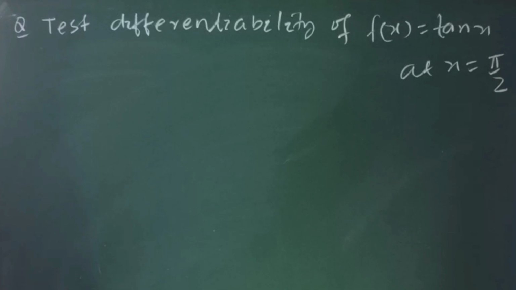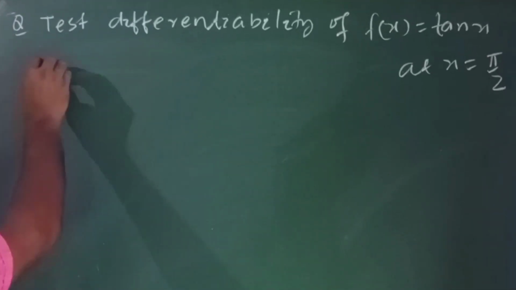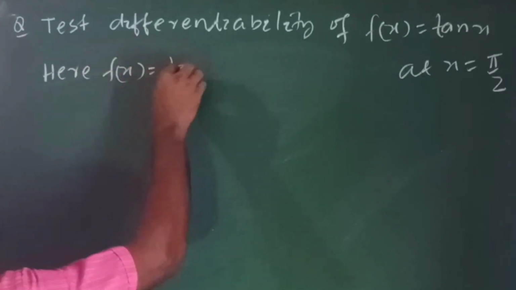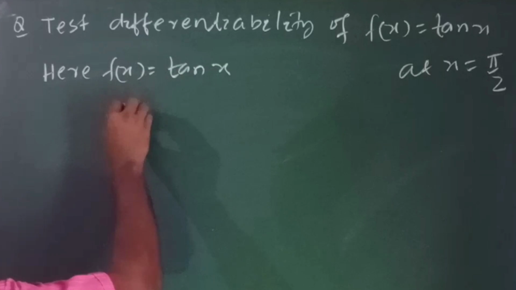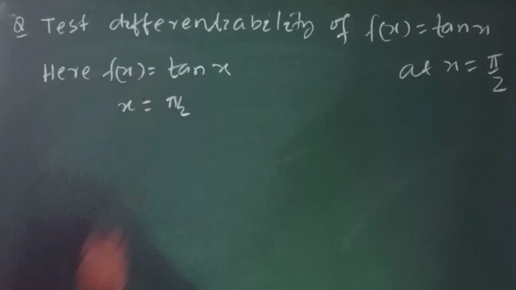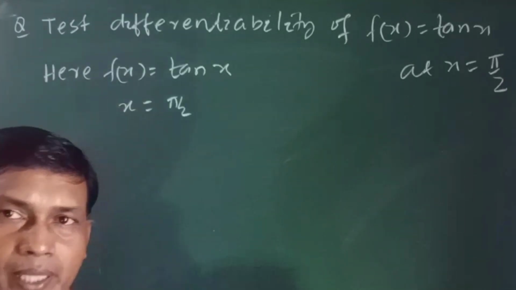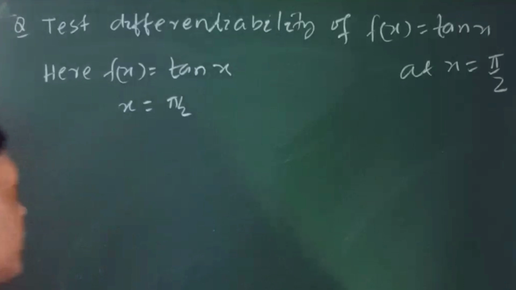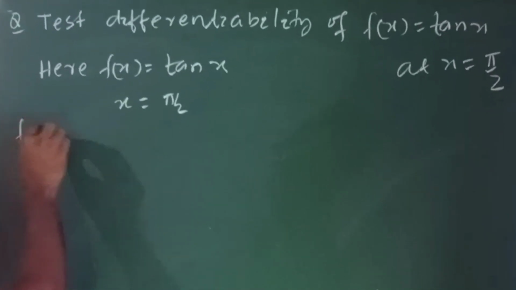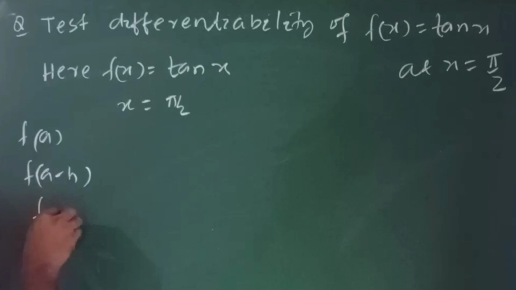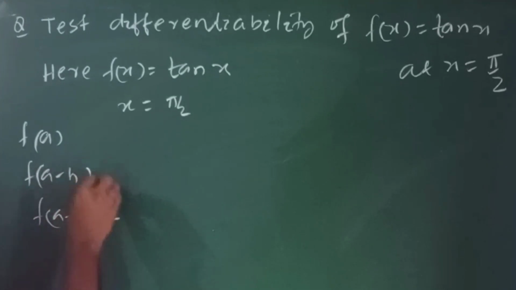Another question, test the differentiability of f of x equal to tan x at x equal to pi by 2. So here the function is f of x is equal to tan x and x is equal to pi by 2. So मैं बोला था कि LHD, RHD, लेफ्ट हैंड डेरिवेटिव राइट हैंड डेरिवेटिव निकालने के लिए हमको 3 थिंग्स चाहिए, and the 3 values are f of a, f of a minus h, f of a plus h.